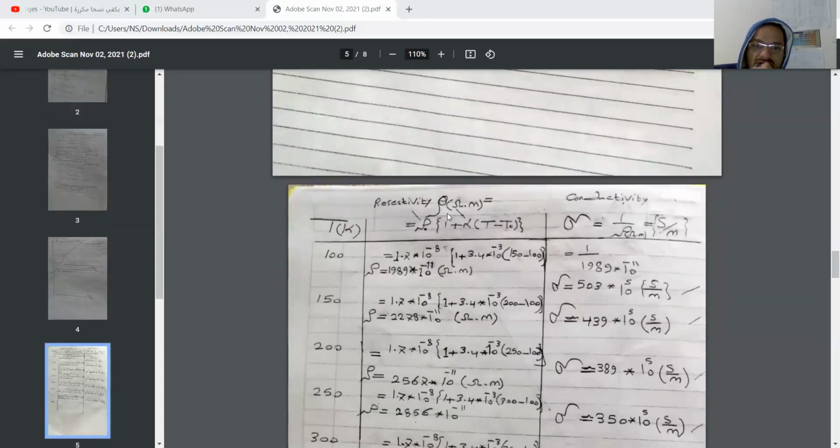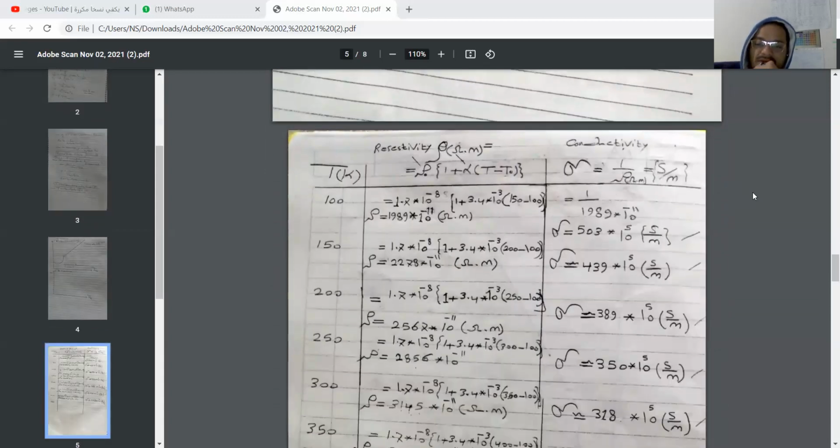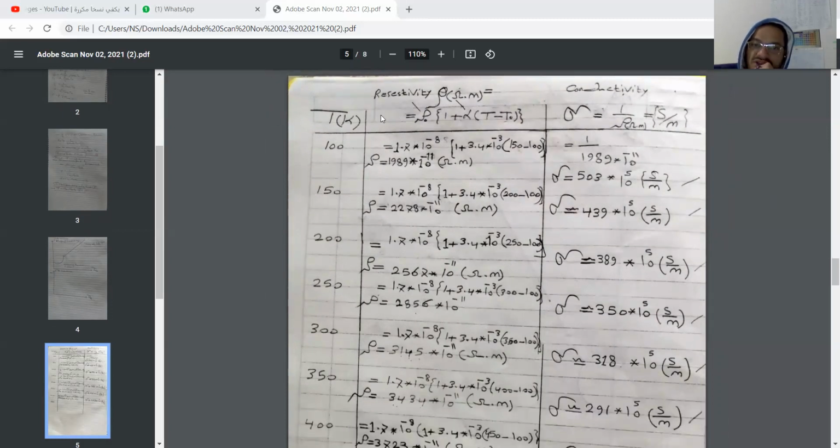Here, this column explains to us the relation between the resistivity and the temperature by using this equation: rho, the resistivity in ohm dot meter, equals rho naught times 1 plus gamma times (T minus T0).